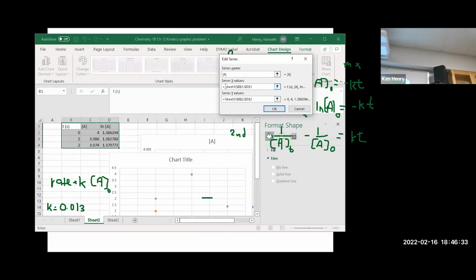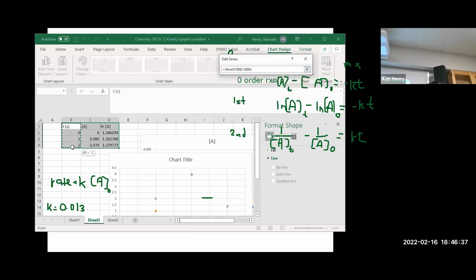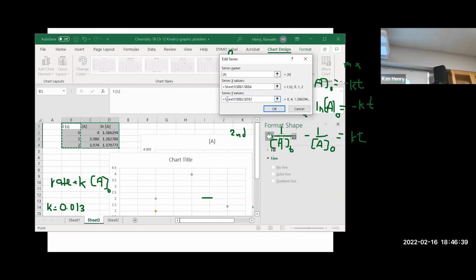Okay, so our X value is here. And then our Y value is here.